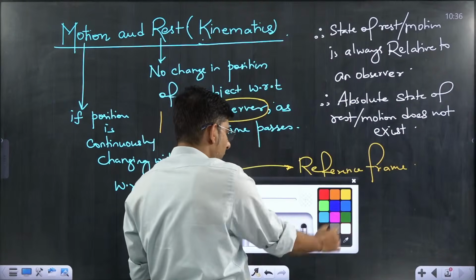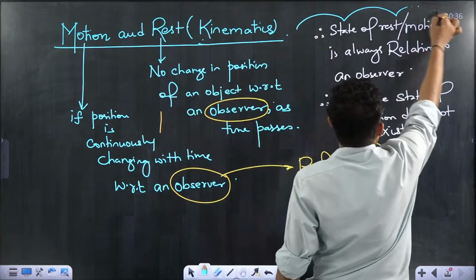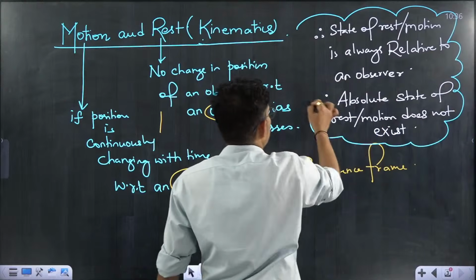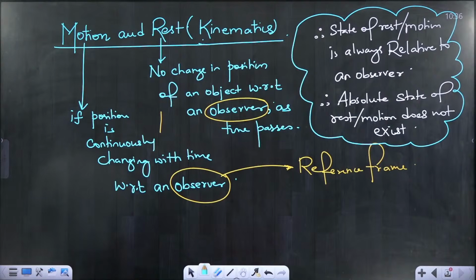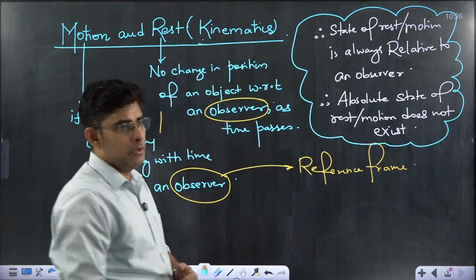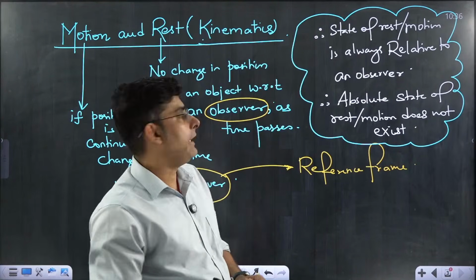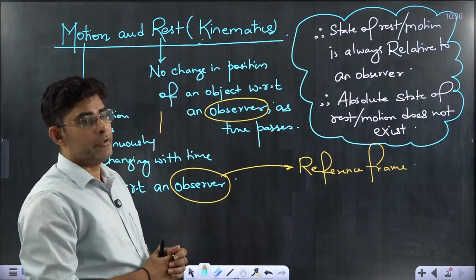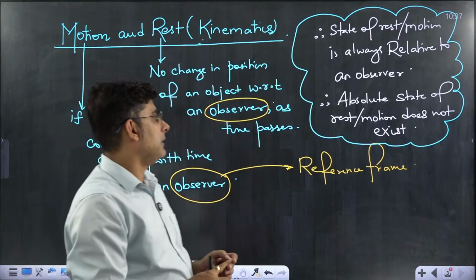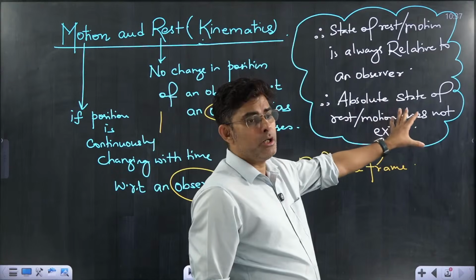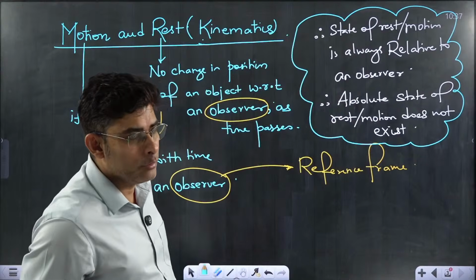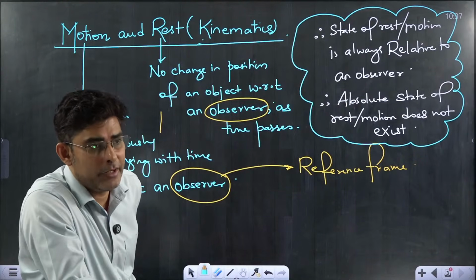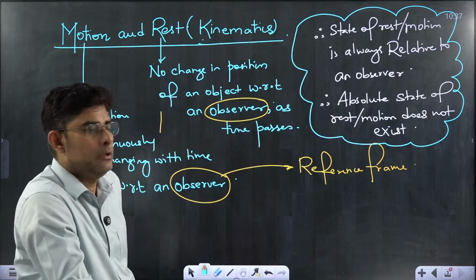We can never say guaranteed that from all frames this object is not moving. Until we are aware of a reference frame, we cannot comment anything about the state of rest or motion. There is no such term as absolute state of rest or motion. It is always observer dependent. That's why we say state of rest or motion is relative, not absolute.